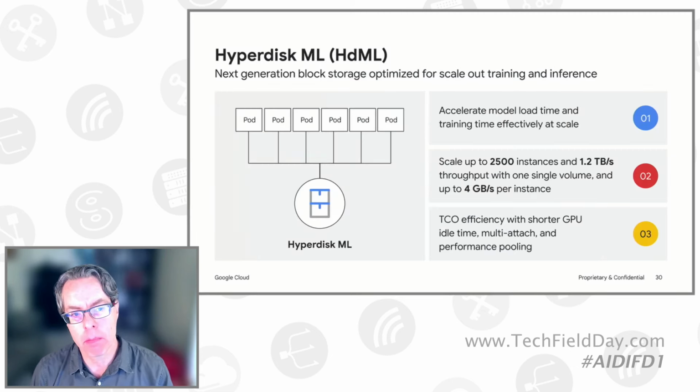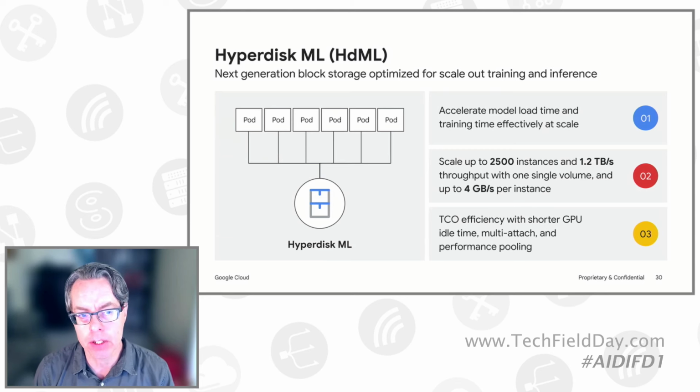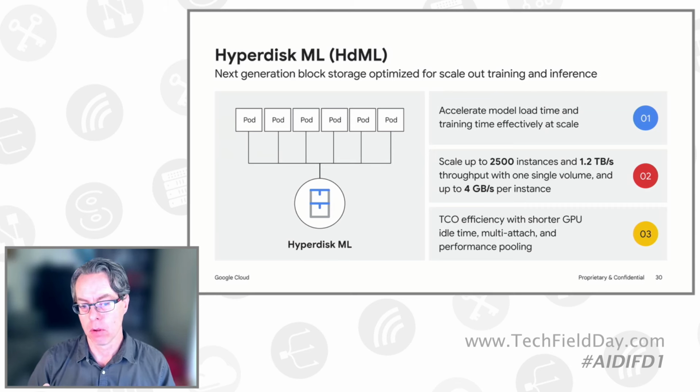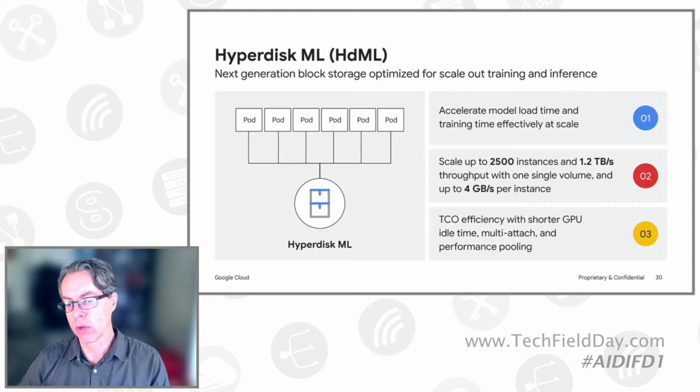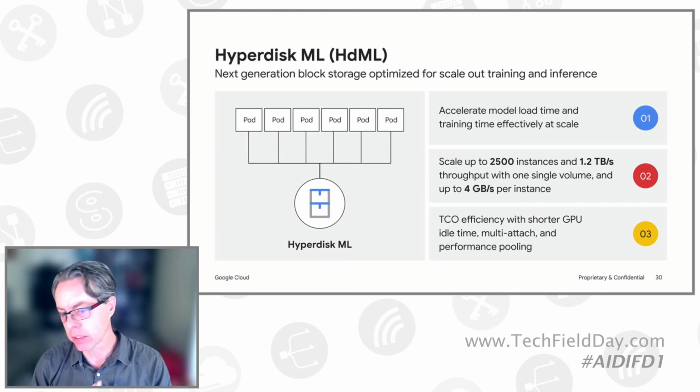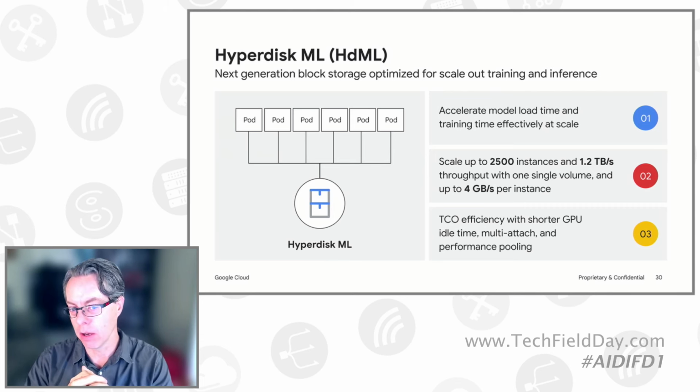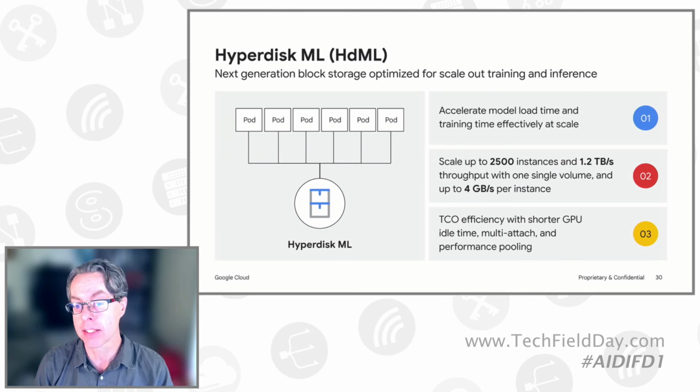All right, so then I'm also going to talk about Hyperdisk ML, which is our next generation. Hyperdisk generally is our next generation of block storage that we've launched in the last year or so. And Hyperdisk ML extends this into a world where you can create a block storage volume, make it a file system like ext4 or something to that effect, load it up with training data or a model, and then launch that out into the full cluster, up to 2,500 instances in this case, and up to over a terabyte a second.